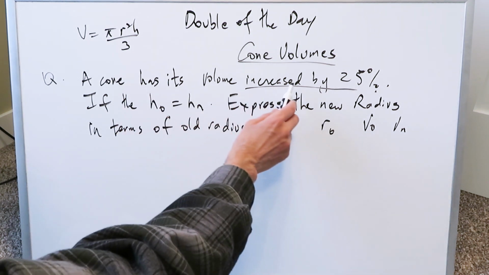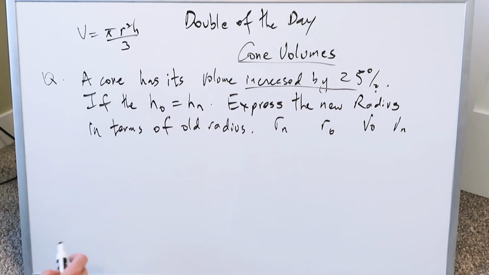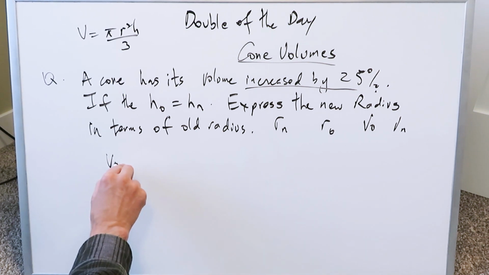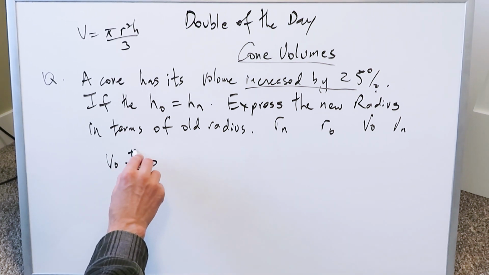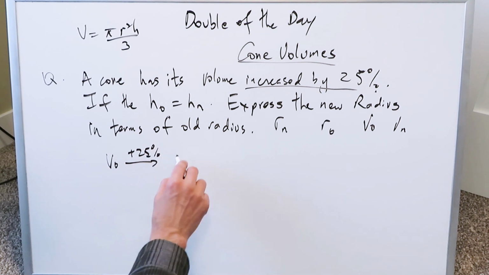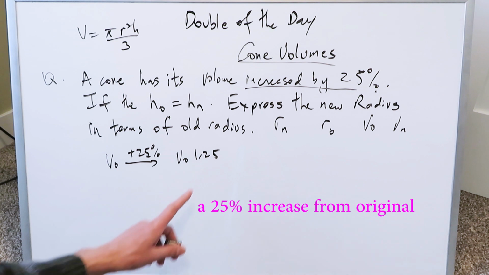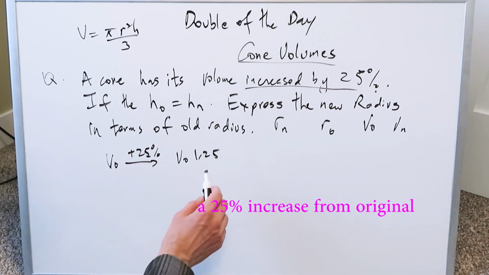We have a cone which has its volume increased by 25%. If supposedly you were to take the original volume and increase it by 25%, you're really looking at VO times 1.25, because 1.25 represents the original plus 25%, and you know that to be the case.